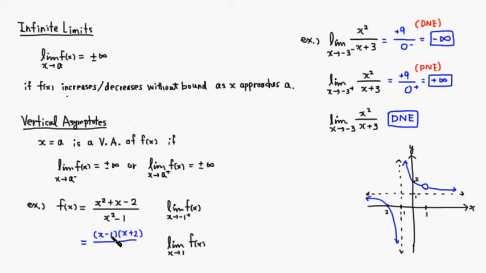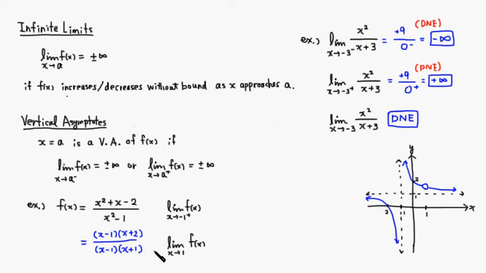Let's check: negative 1 times positive 2 gives you negative 2, and negative 1 plus positive 2 gives you positive 1. On the bottom you have x squared minus 1, which factors as the quantity x minus 1 times the quantity x plus 1.